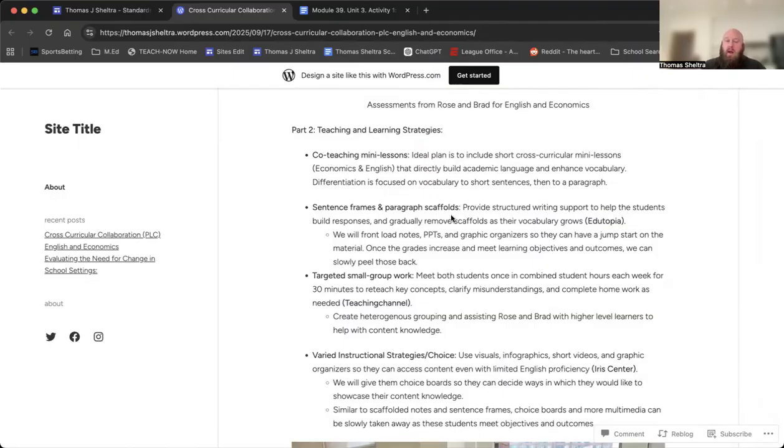And then with targeted small group work, whether it's heterogeneous or homogeneous grouping, how can we get students from lower levels and higher levels to work together to help each other?